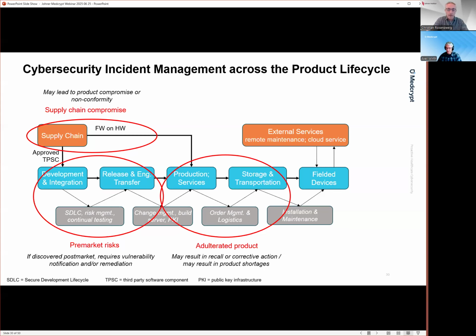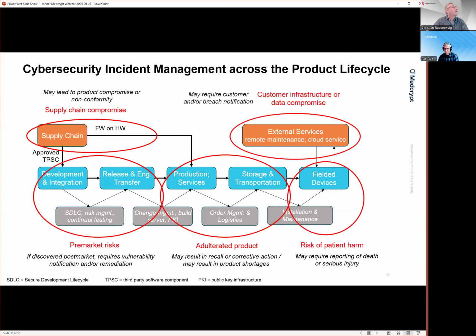And both the EU as well as the US have requirements that would mandate notification of shortages of certain critical medical products. Then, of course, field devices. Any security incident can lead to patient harm or impact on care delivery.